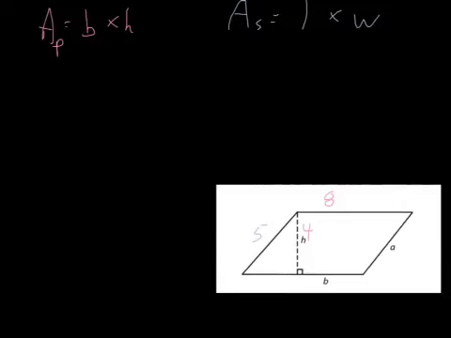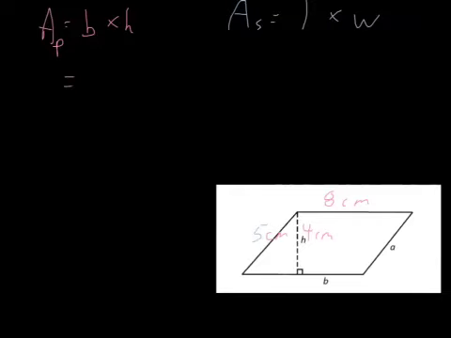And before I forget, these are all in centimeters. As you can see over here, it's 8 centimeters from this corner to this corner. It is 4 centimeters from this corner to this corner. It is 5 centimeters from this corner to this corner. I'm going to start with the area of the parallelogram first.